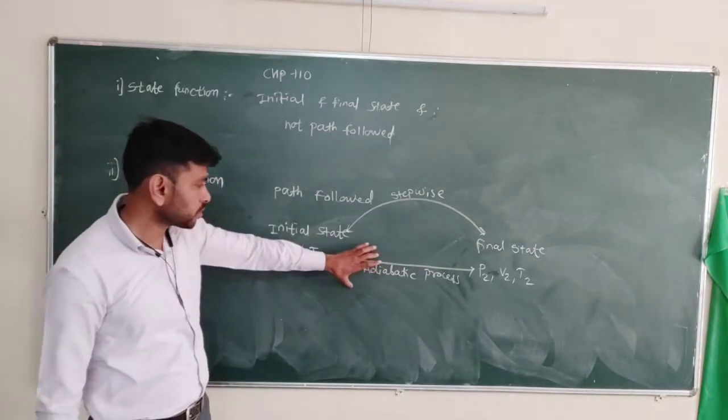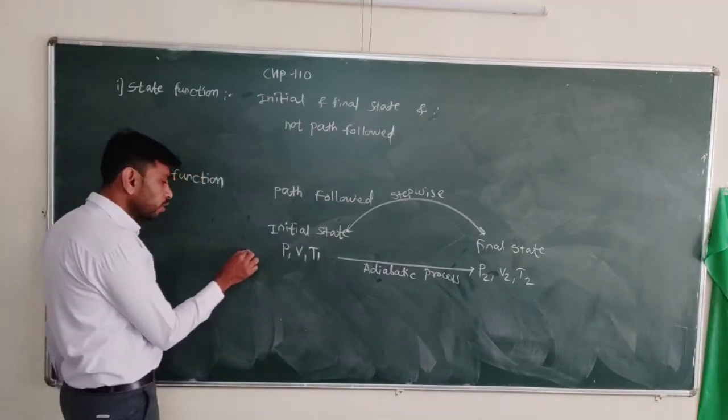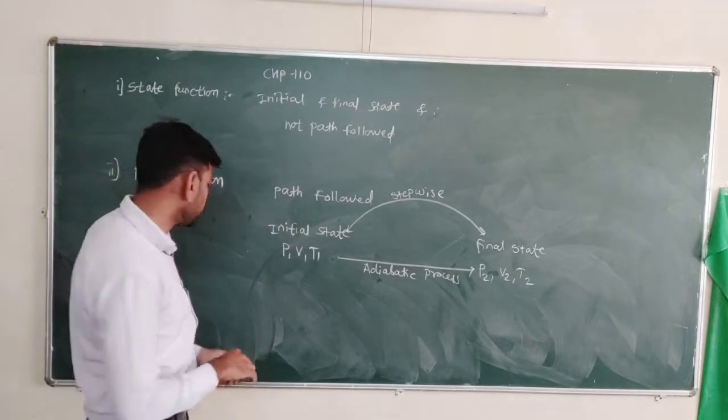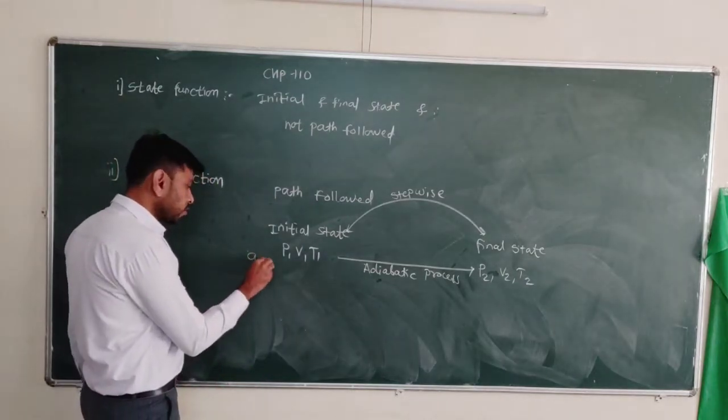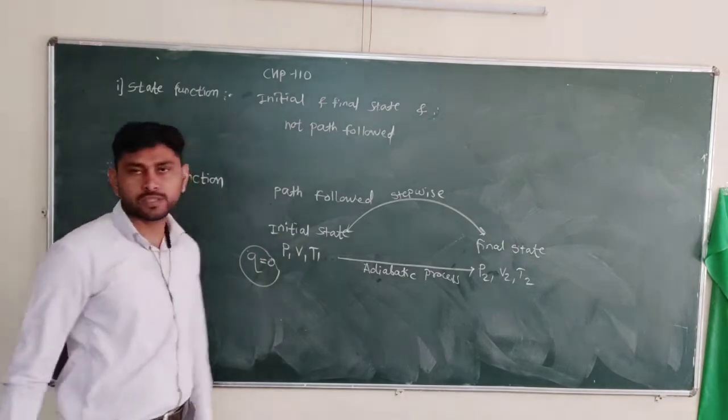In the last lecture we saw this term. An adiabatic process means a process in which no heat is allowed to enter the system or be removed from the system. So Q is equal to 0 for this process.